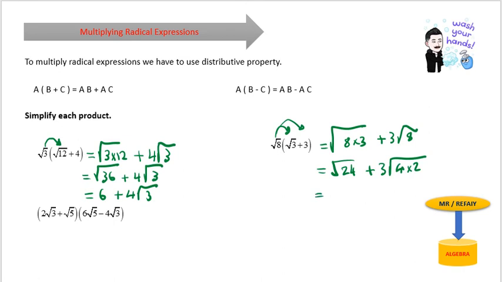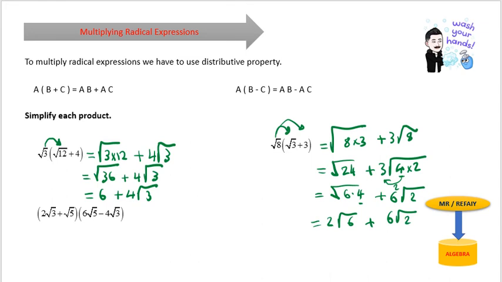Also 24 we have to simplify, it will be 6 times 4 plus, and we can get the root of 4, it will be 2 multiplied with 3, which is 6 root 2, and the root of 4 will be 2 root 6 plus 6 root 2. So it's in this form.